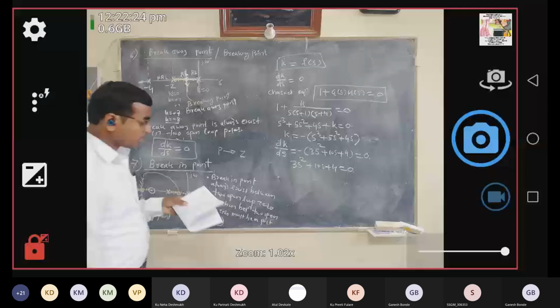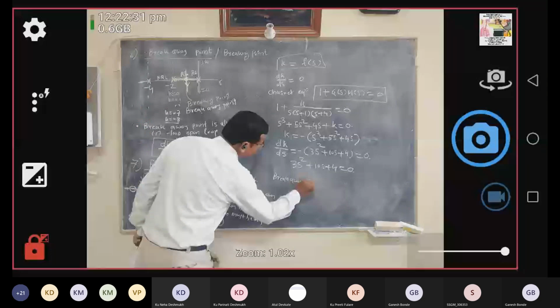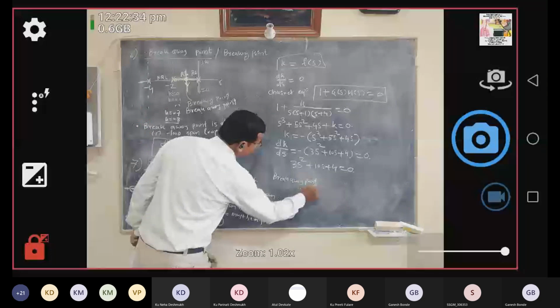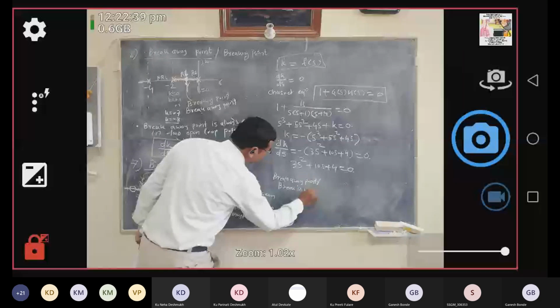That will give you the breakaway point or break-in point. Please find it.